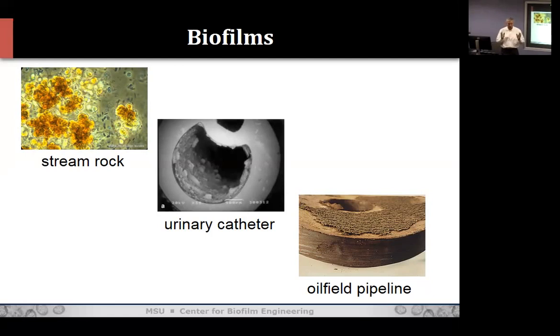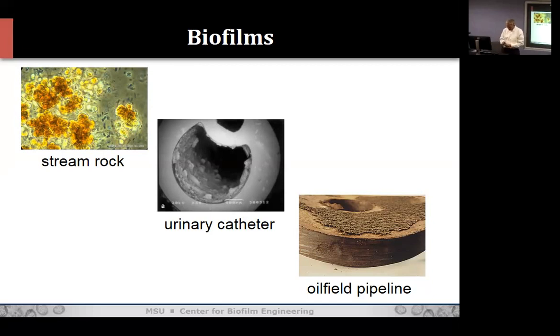The other thing I want to register here is the two essential constituents of any biofilm: microbial cells and extracellular polymeric substances that those cells themselves elaborate, typically polysaccharides or proteins, that form the hydrated gel-like glue or extracellular matrix that holds the biofilm together.